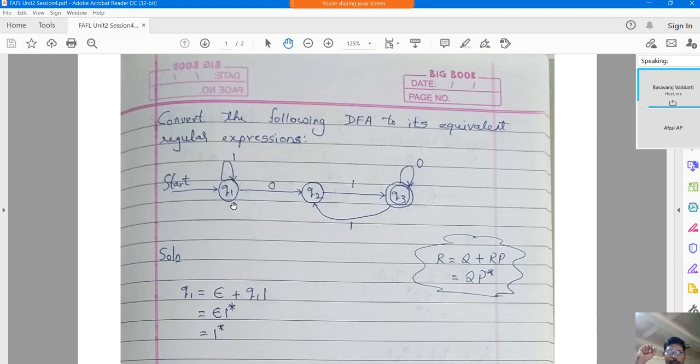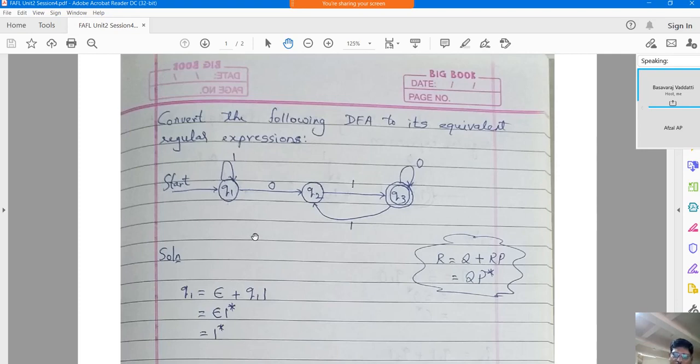In this particular Q1, which are the input arrows? Here it is only on 1. That is, Q1 on 1 goes to Q1. Therefore, the formula corresponding to the regular expression for state Q1 is epsilon plus Q1 1. What is this Q1 1?